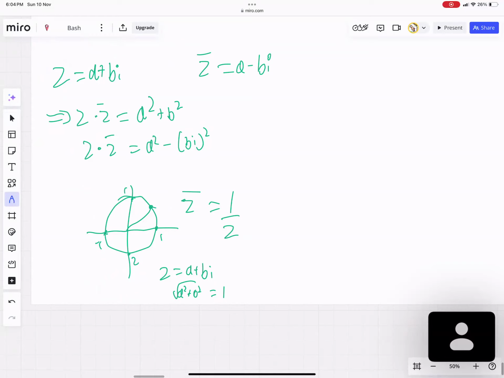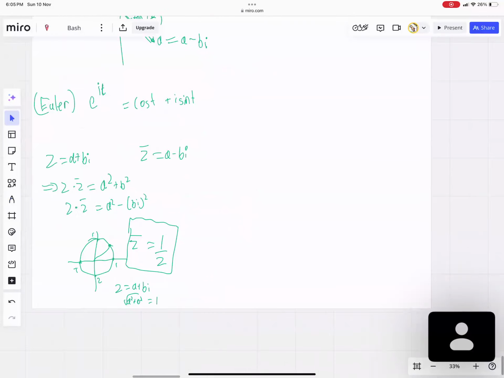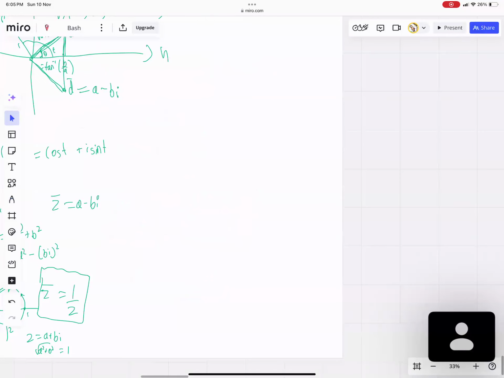This gives the property that z conjugate is equal to 1 over z on the unit circle. This is very powerful since in many places in complex numbers, a z conjugate comes up, and when we set up many things on the unit circle, this becomes way simpler and easier to use.